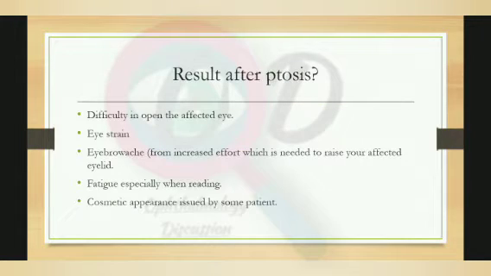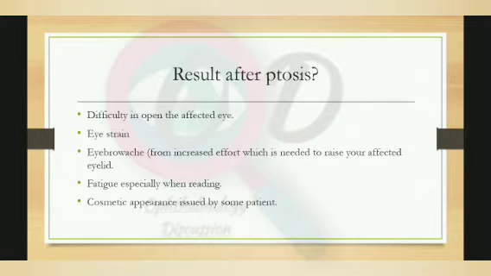Now, results after ptosis. This means that when a patient comes to you with ptosis, what kind of things will he tell you? Difficulty in opening the affected eye, eye strain, and eyebrow ache.